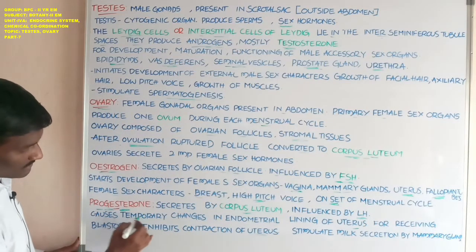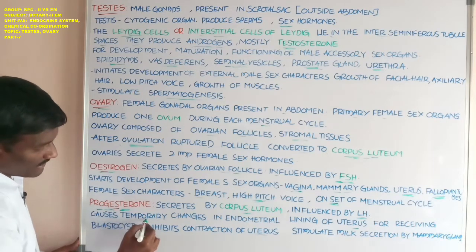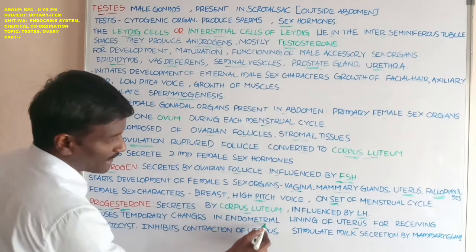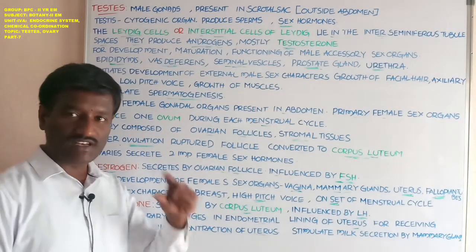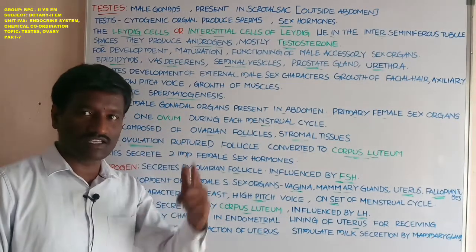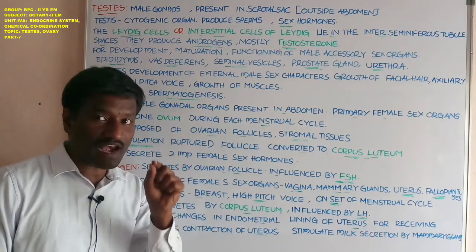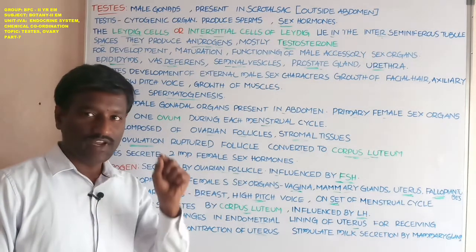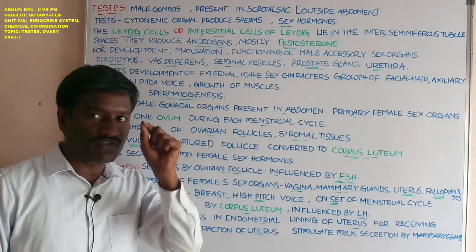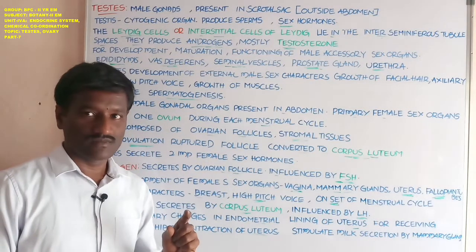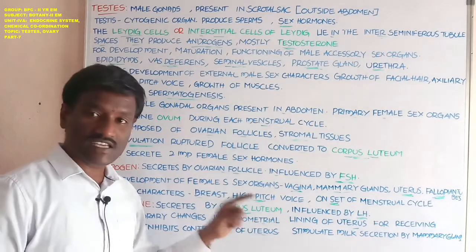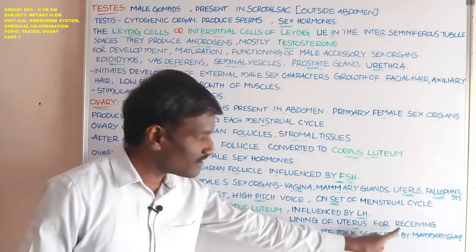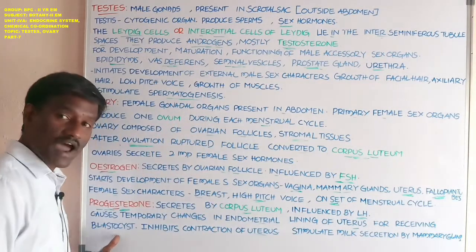This hormone causes temporary changes in the endometrial lining of the uterus. These changes occur for the receiving of the blastocyst.